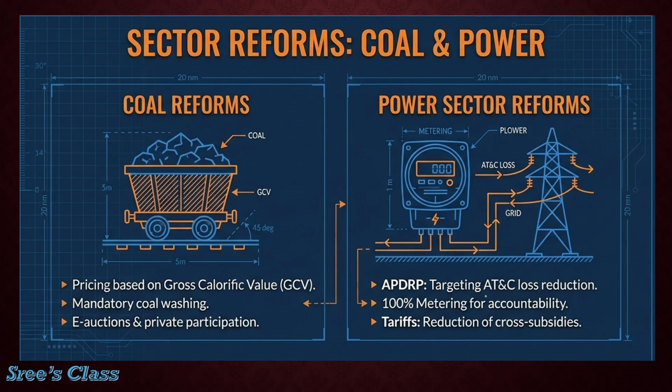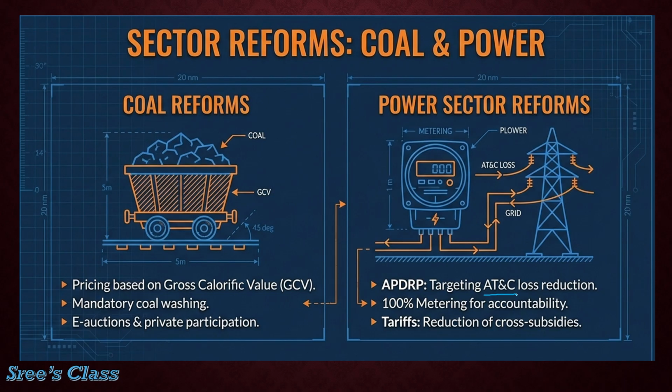In the power sector, of course, the loss is AT&C losses, that is aggregate technical and commercial losses. Very sorry about that, it's not transmission, it's technical and commercial losses. Technical losses are like unmetered things, whereas commercial losses are related to the commerce part, that is, we can't get the money from some people.